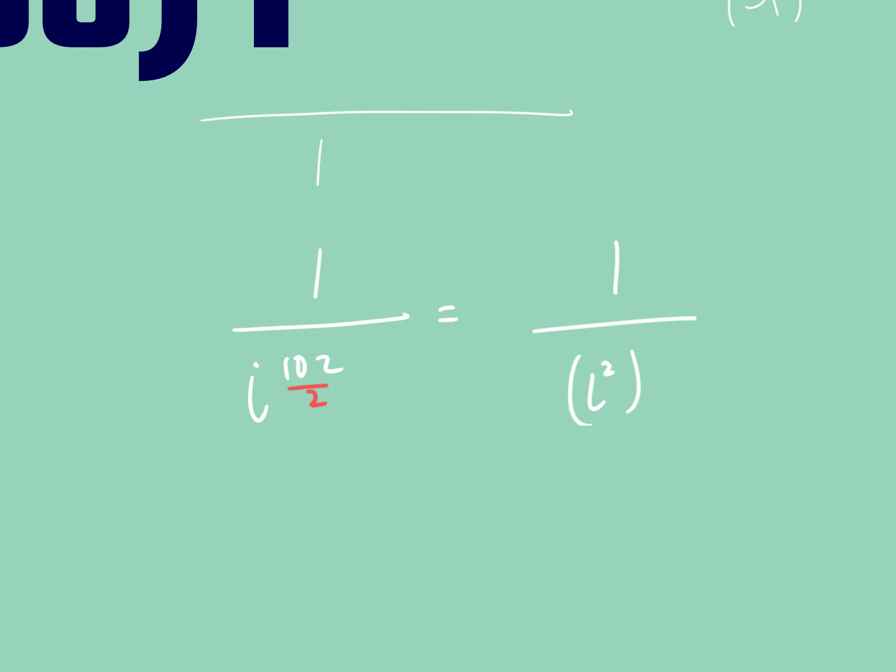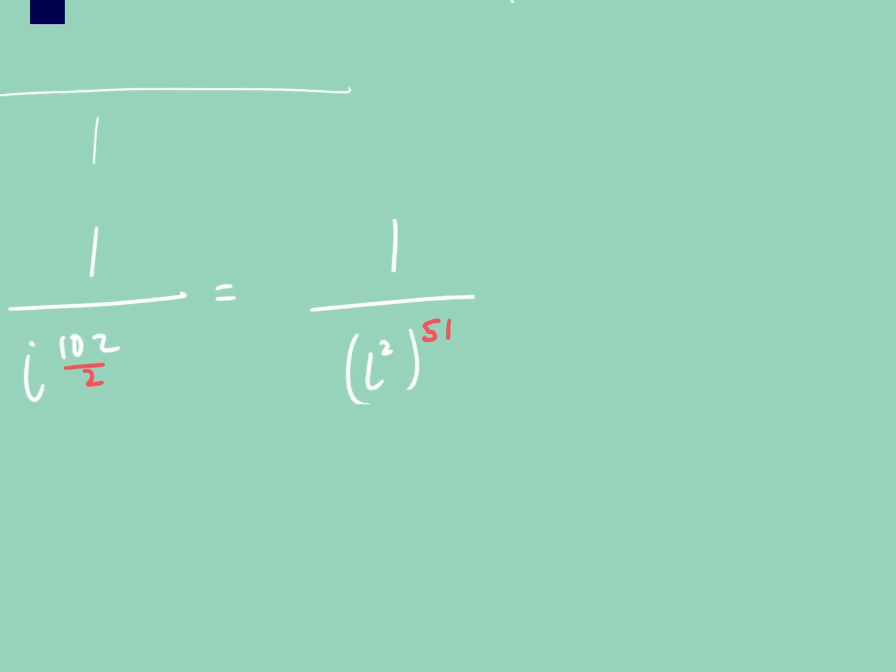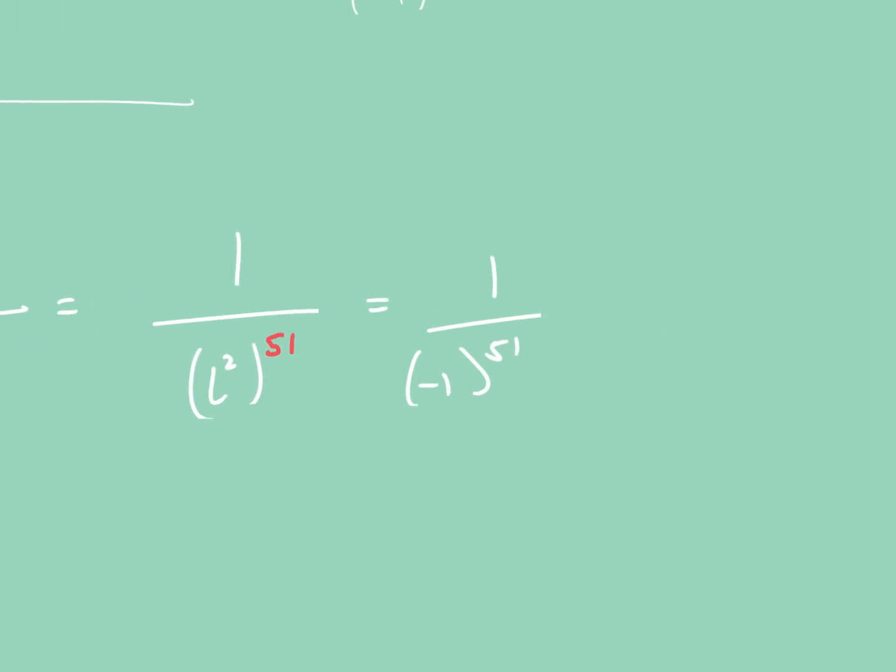What's 102 divided by 2? 51. Oh, uh-oh. Okay. So I have 1 over negative 1 raised to the 51st power. Every time we've done this, we've raised negative 1 to an even power and gotten what? 1. If you raise a negative number to an odd power, what does it stay? Negative. So this is 1 over negative 1, so your answer is negative 1.